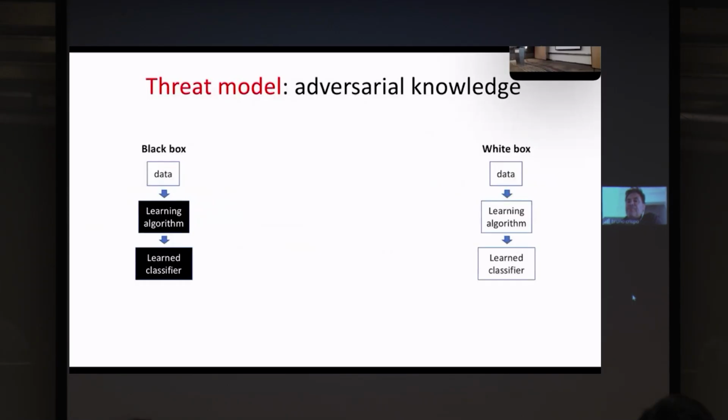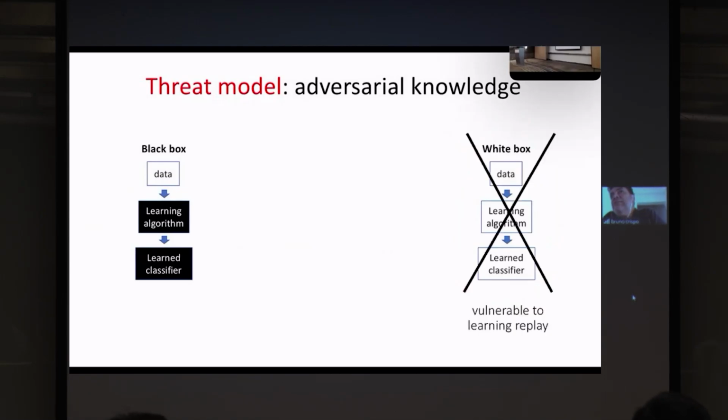On the slide I showed two extremes. You have the white box, where you assume that the adversary knows the training data, the learning algorithm, and the learned classifier, so the trained classifier. If that is the situation, you cannot defend against the evasion attack, because the adversary is always able to generate adversarial examples.